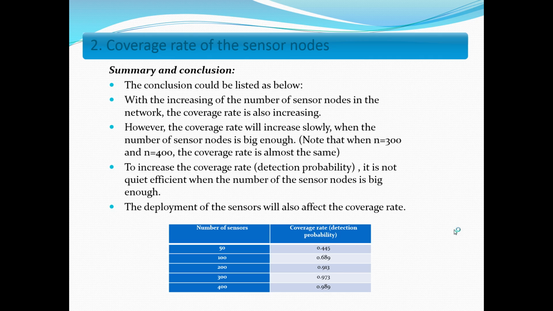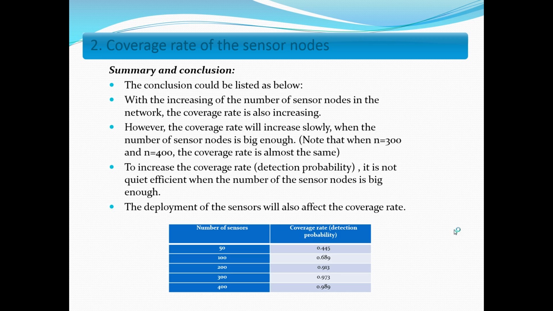Here is the summary and conclusions. With the increasing number of sensor nodes in the network, the coverage rate or the detection probability is also increasing. But the coverage rate will increase slowly when the number of sensor nodes is big enough. Note that when n is 300 and n is 400, the coverage rate is almost the same.